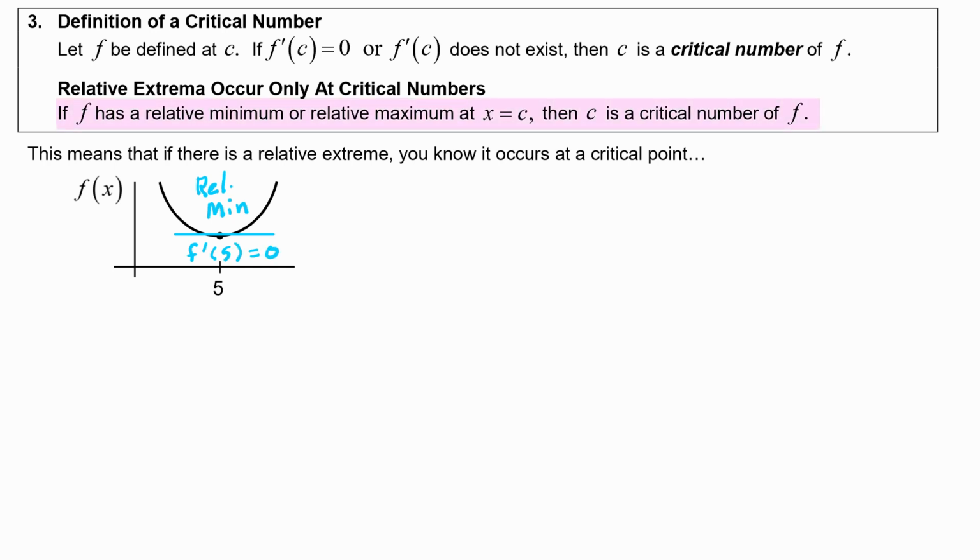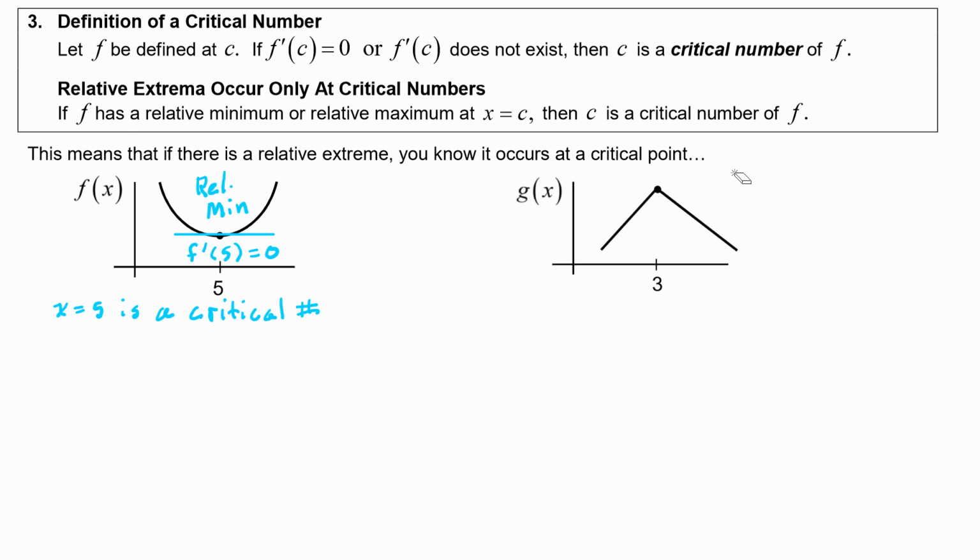So if we have a relative min at x equals 5, that means x equals 5 is a critical number, and to be a critical number, the derivative is either 0 or does not exist. In this case, the derivative was 0. So we know that x equals 5 is a critical number, and in this case, we did have a relative minimum there.